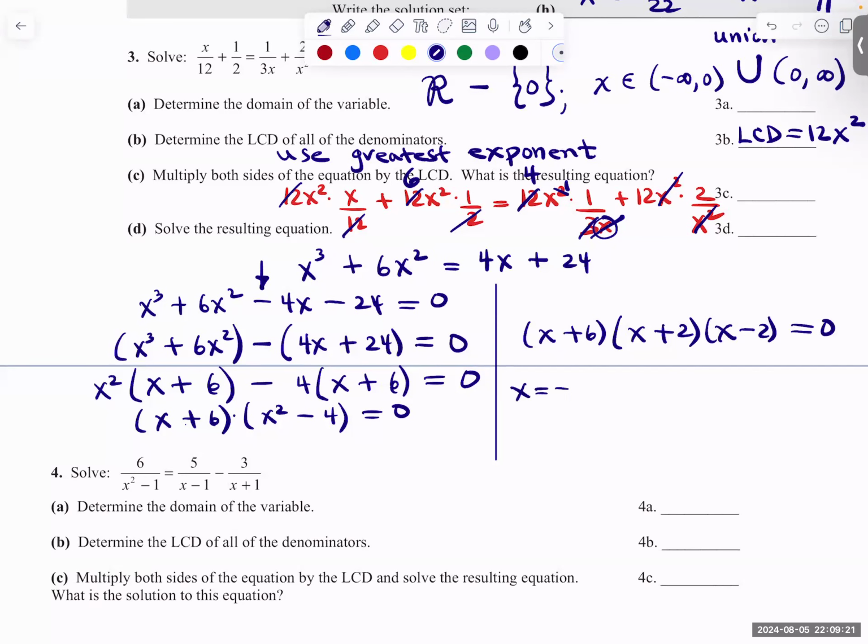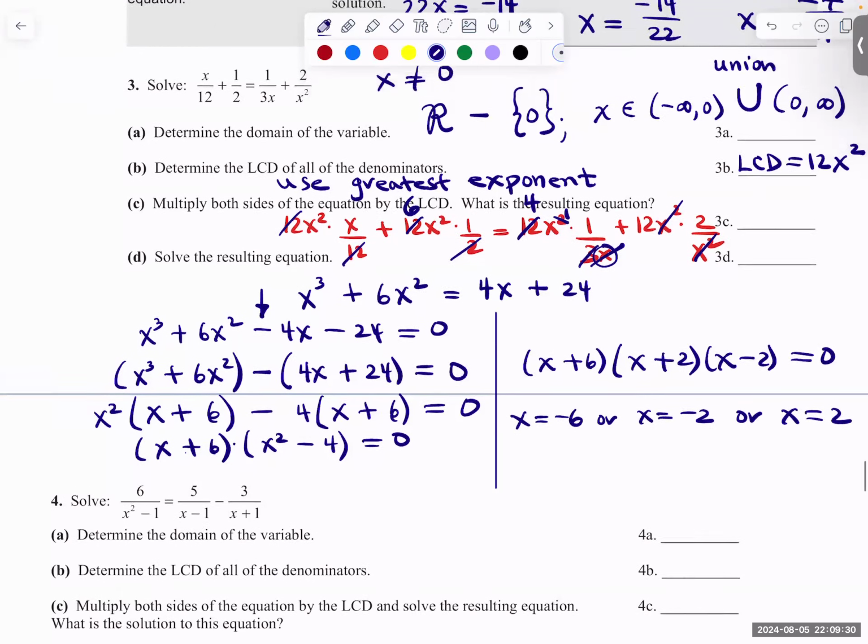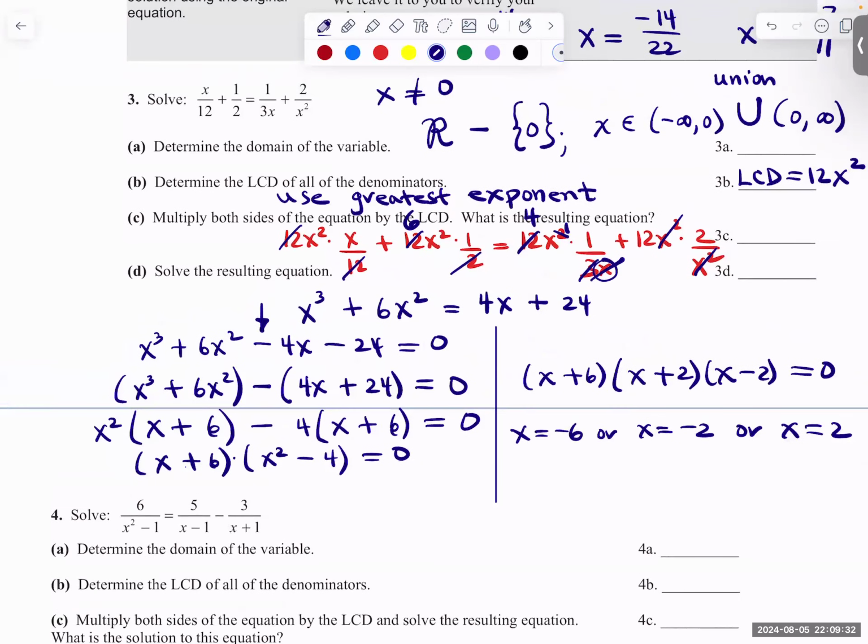X equals -6, or x equals -2, or x equals +2. And then we have to check these potential solutions with the restricted value of 0, or the excluded value. Potentially each of those could be solutions if we plug them in and check them.